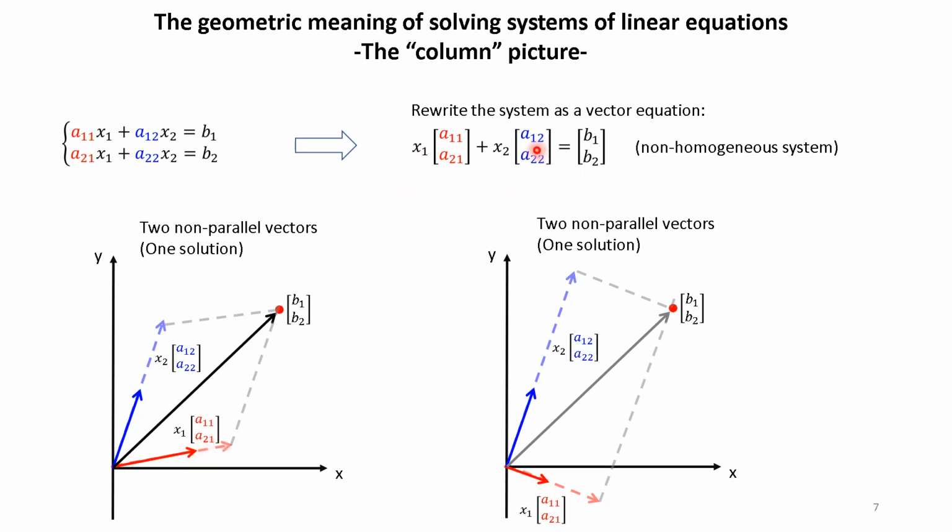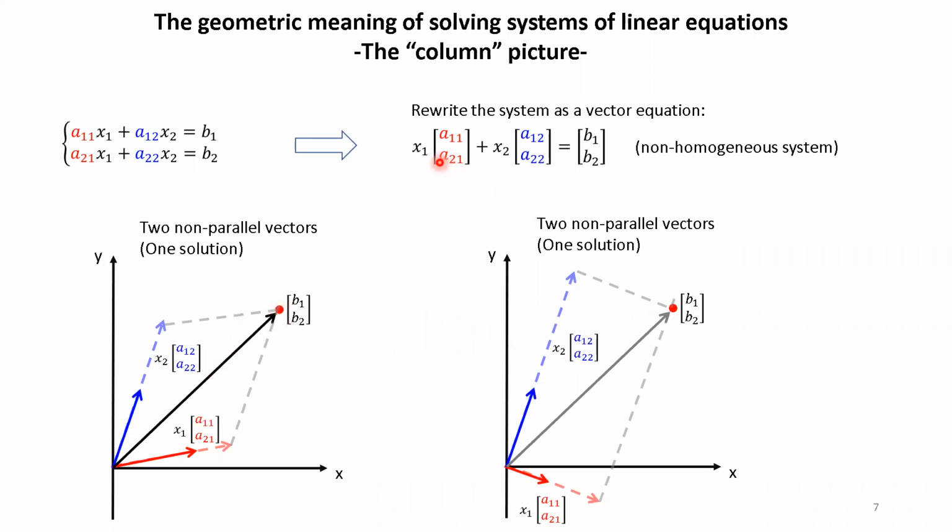And this blue vector is this one, multiplied by this x2, it becomes longer, so it becomes this dashed blue vector. And then by this parallelogram rule, you know that this vector plus this vector gives me this b vector. So then we find the solution.